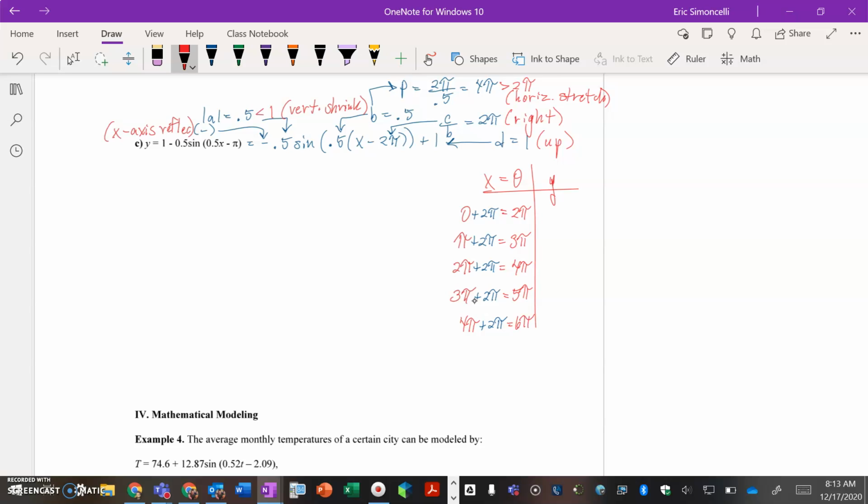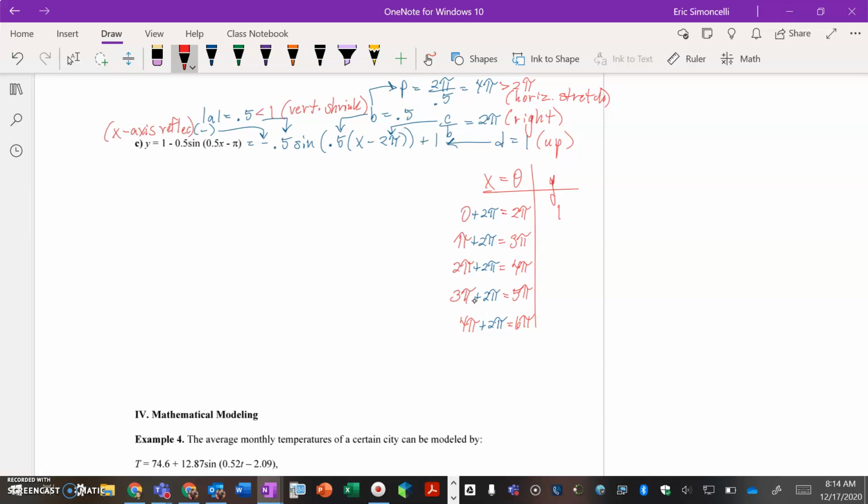Let's plug it in. If you plug in 2 pi here, you've got 2 pi minus 2 pi, which of course is 0, times anything is 0. Sine of 0 is 0, times negative 0.5 is 0, plus 1 is 1. Plugging in 3 pi minus 2 pi, that's 1 pi, times a half. That's pi over 2, the sine of pi over 2.